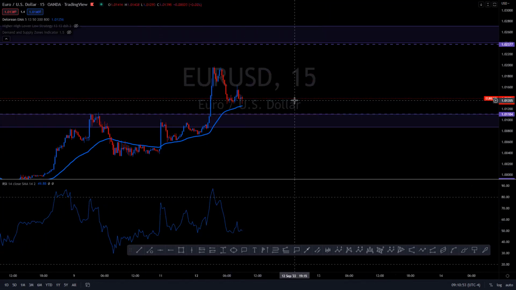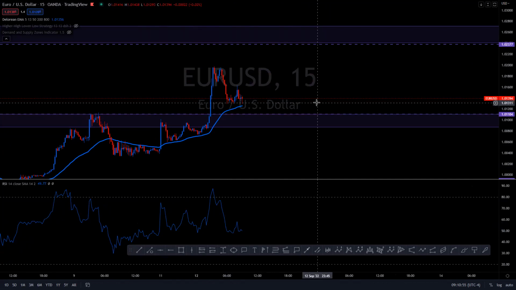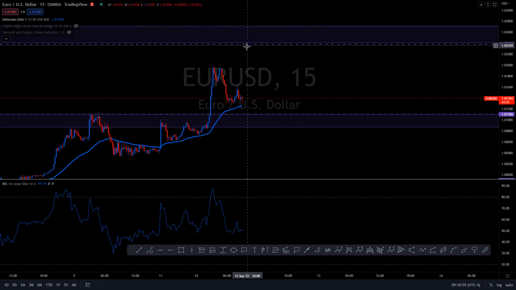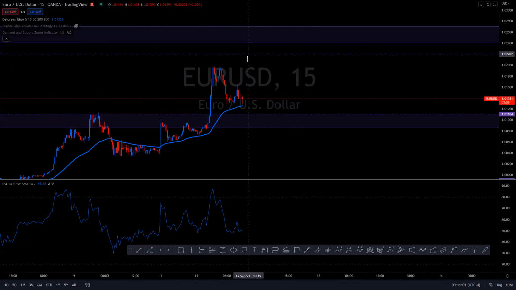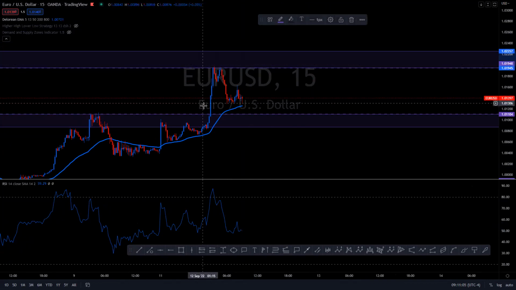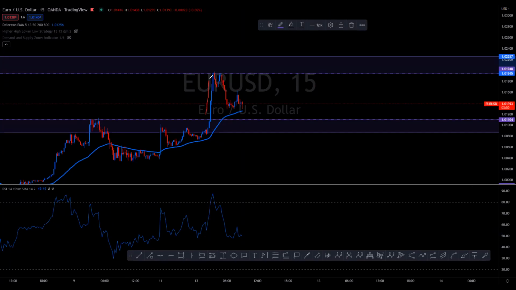I know this structure, and the reason why I say that is because we have a valid demand. As a matter of fact, I'm going to just bring this demand's supply zone down to here. So we could see that there was a large amount of successful bullish candles pushed all the way to this point, and then the bears started pushing price down, and now we got a small candle here, and that's what pushed price down to here.